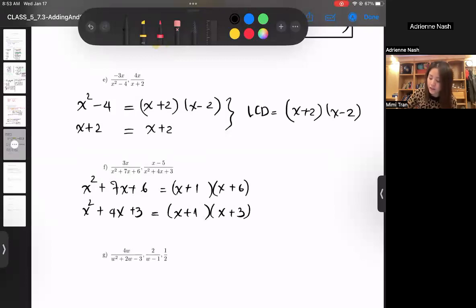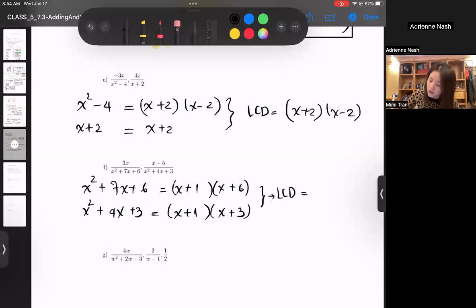So what is my LCD? Maybe you guys tell me. You tell me what's the LCD. You're missing something. You're almost there. x plus 1, x plus 6, and what else?